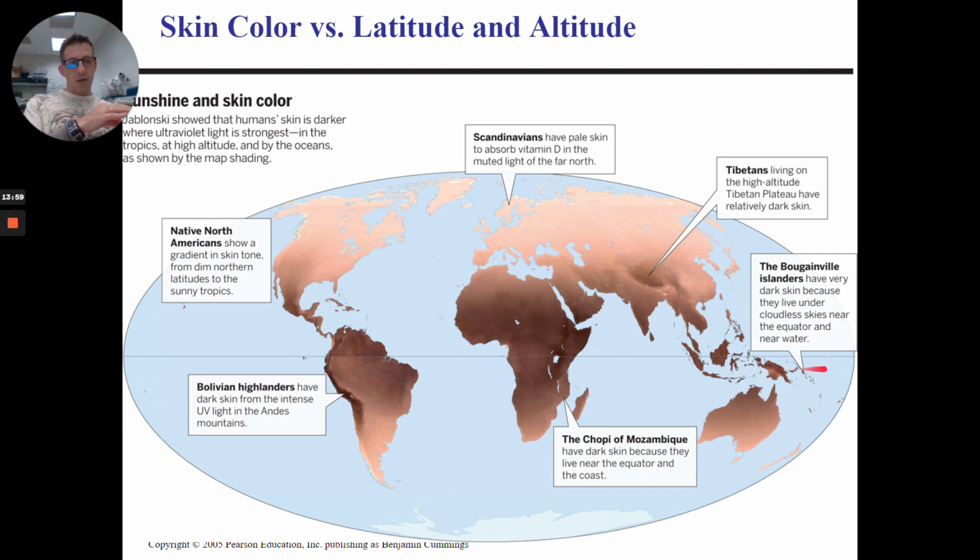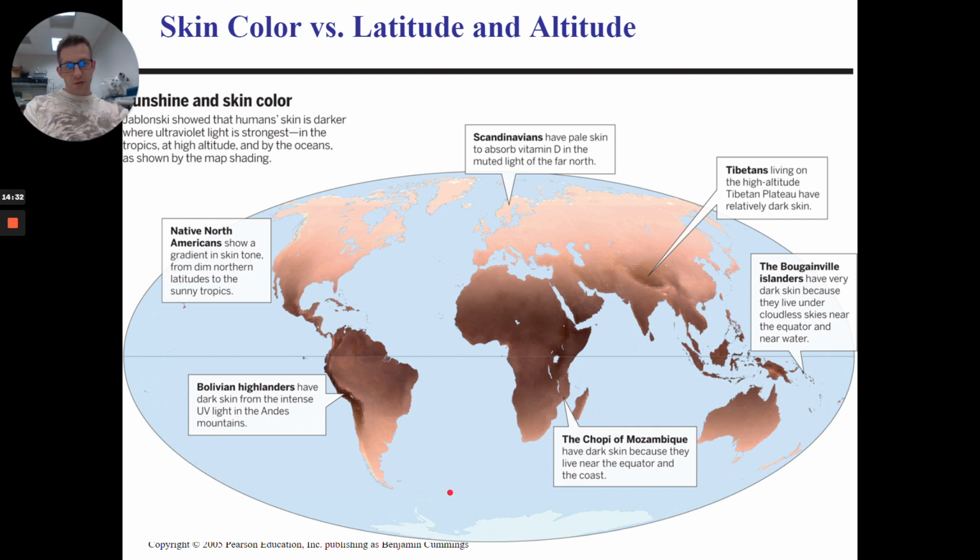The areas near the equator tend to have the people with the darkest skin, and the reason for that is that dark skin protects them from the extra UV light. As you work your way further north, where there's less sunlight, there are far fewer darker skinned people in those regions, especially up here in Canada and Russia and places like Greenland. But also really far south in South America, where you're getting far away from the sunlight as well.